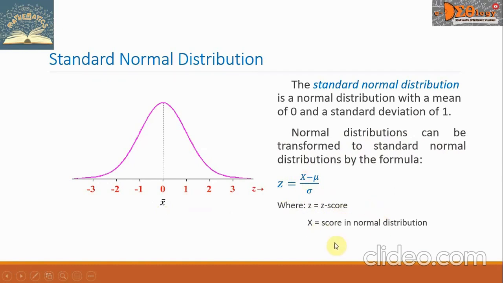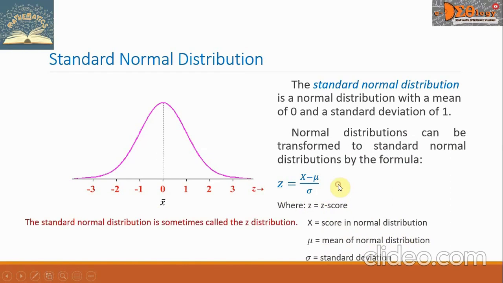The capital X is a score in normal distribution. Mu is the mean of normal distribution, and sigma is the standard deviation of the distribution. The standard normal distribution is sometimes called the z distribution.